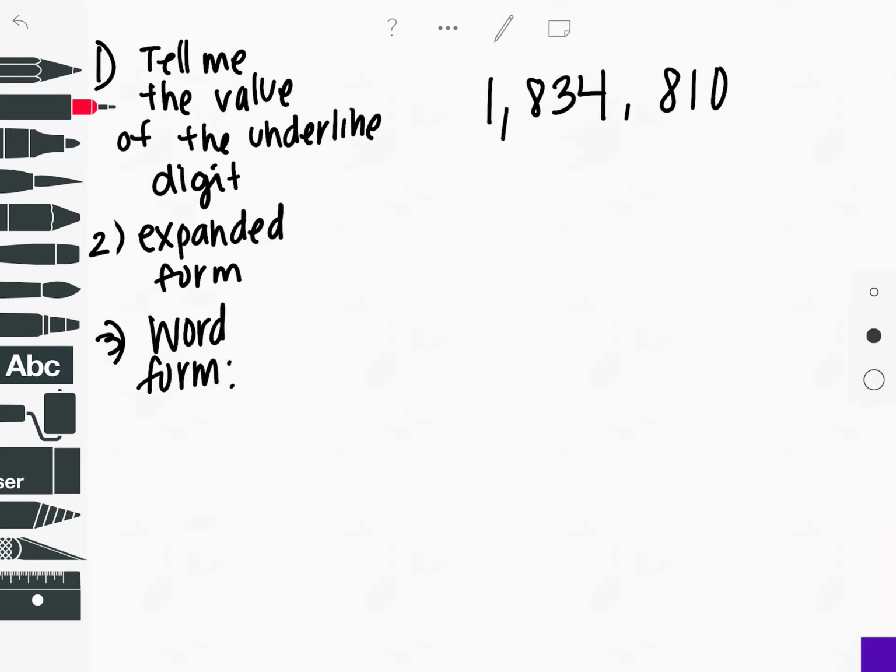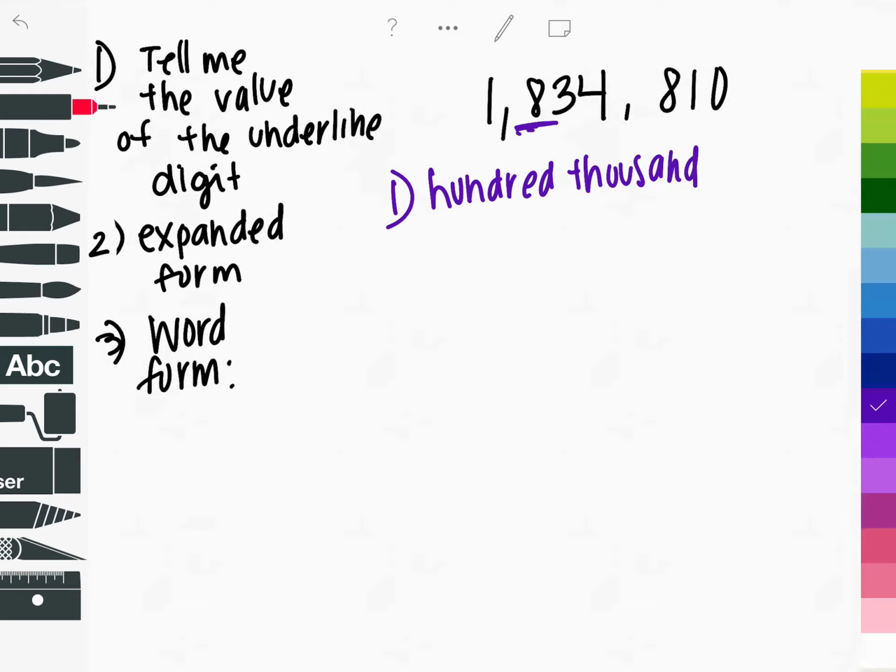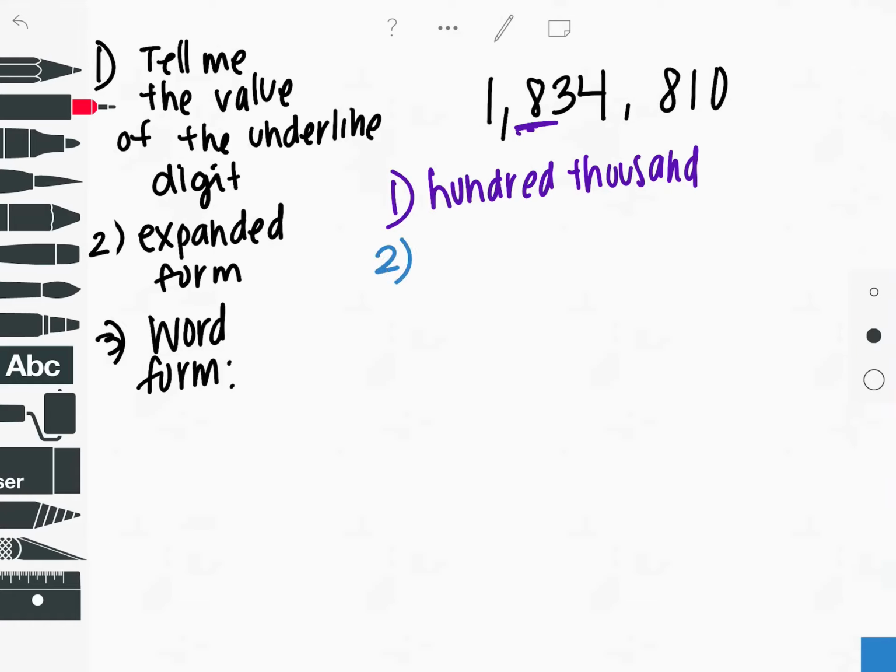I'm going to change the color for each one. I'm going to do purple for the first one, for number 1. So I say, tell me the value of this digit. So number 1, what is the place value of 8? If you said 100,000, you are correct. Let's do number 2. Number 2, expanded form. Write this number in expanded form.